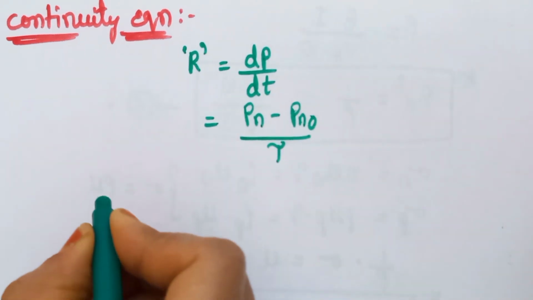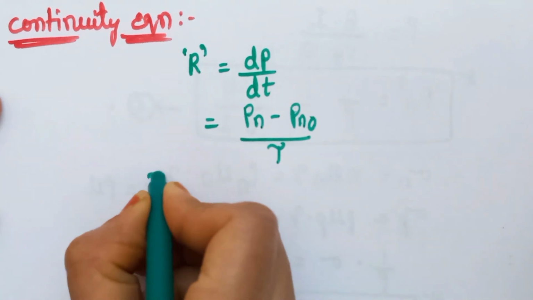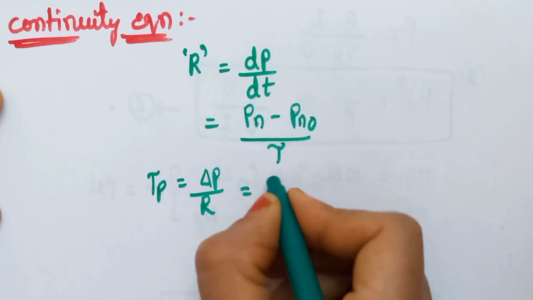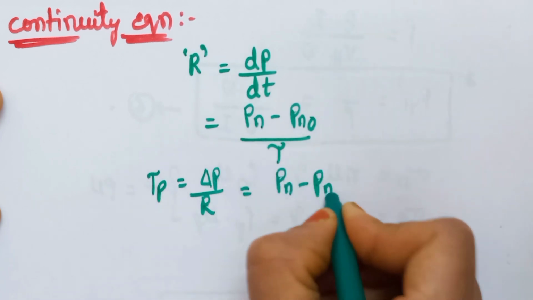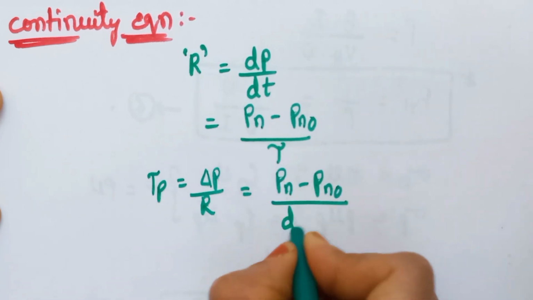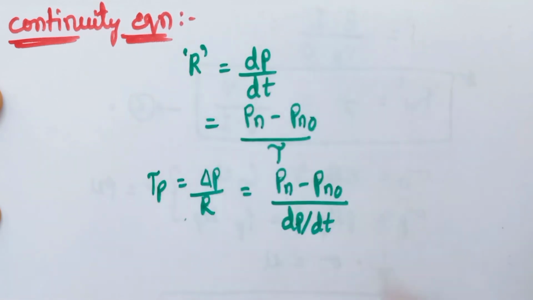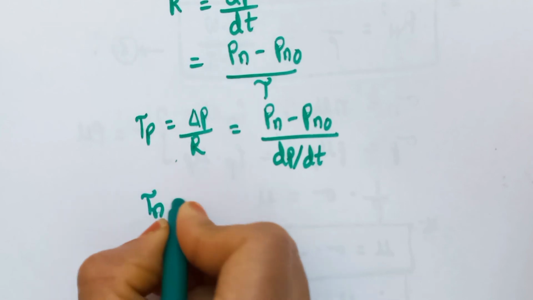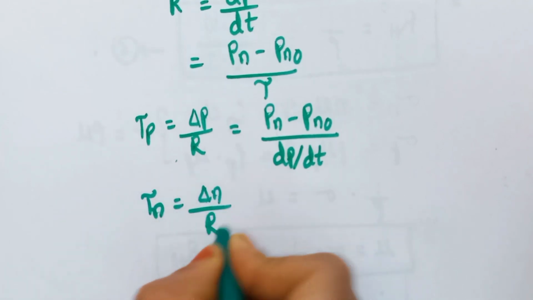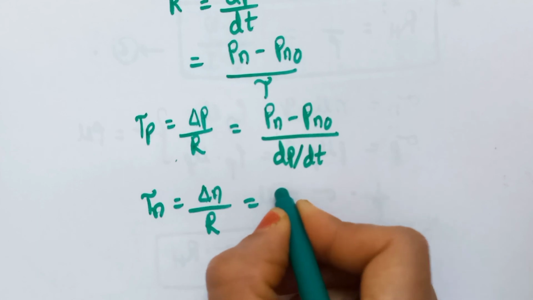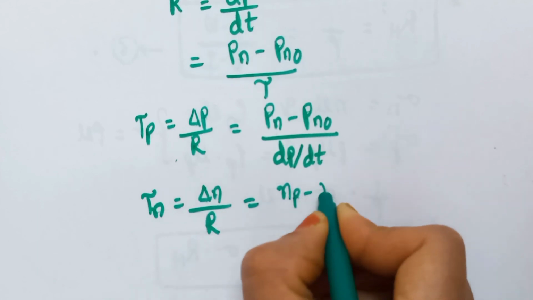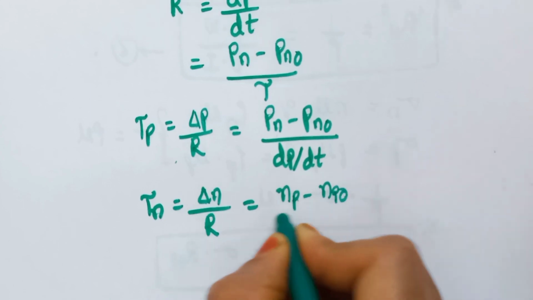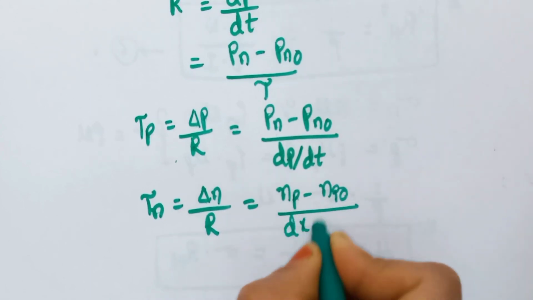The lifetime of holes in N-type semiconductors is given by tau p is equal to delta p by R. Delta p can be written as Pn minus Pn naught, divided by dP by dt, because the recombination rate is dP by dt. Similarly, we can write the expression for tau n as delta n by R, that is equal to Np minus Np naught by dn by dt.